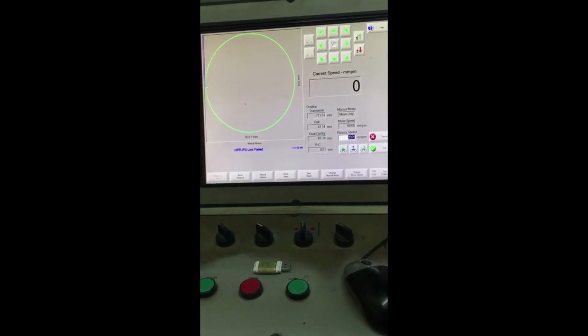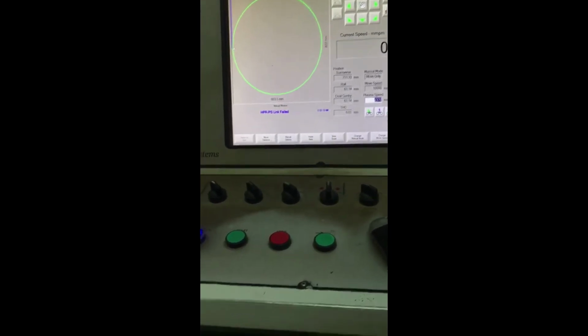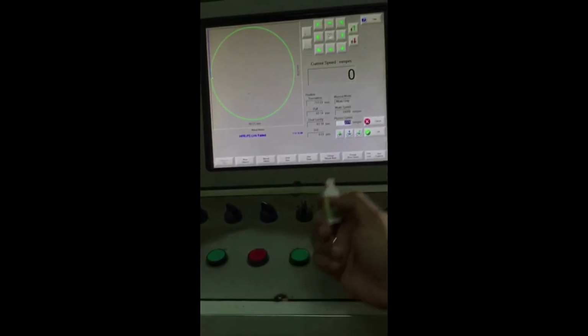CNC cutting process. The video shows the drawing which is uploaded in the CNC plasma machine to cut circular aluminum board of 600 mm diameter.